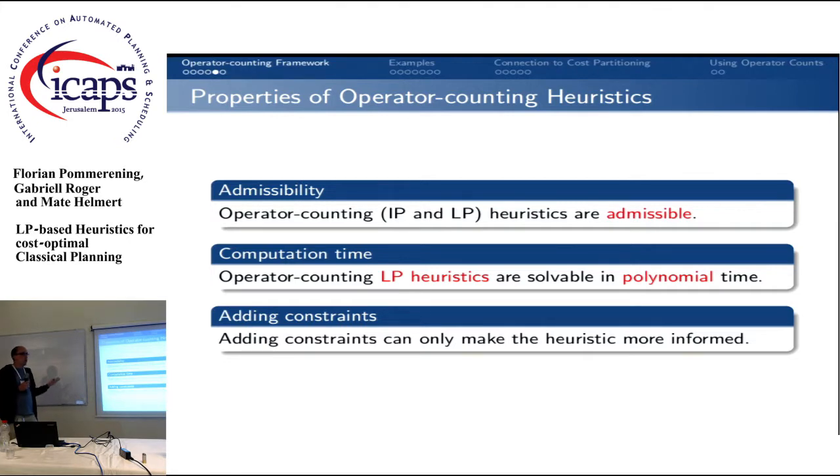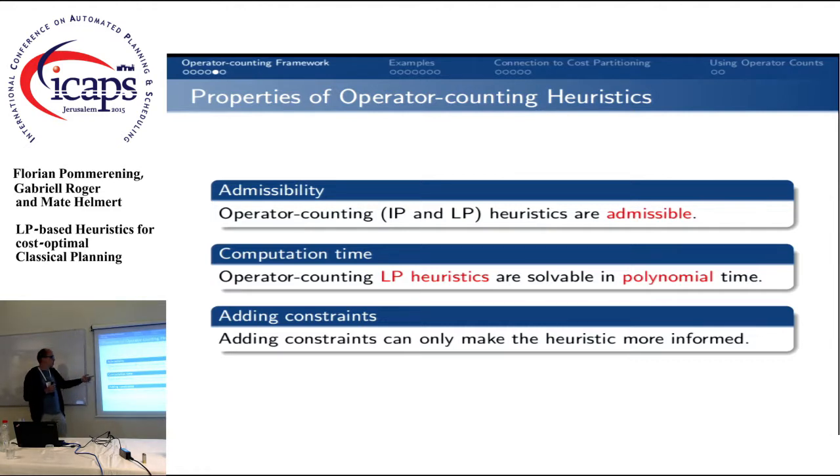So the 3 main properties of operator counting heuristics are, first of all, these are admissible. And this is whether we consider the integer program or the linear program. So the integer program has the additional restriction that you can't use an operator 1.5 times. You have to use it an integral number of times.